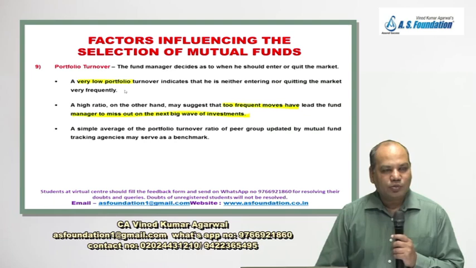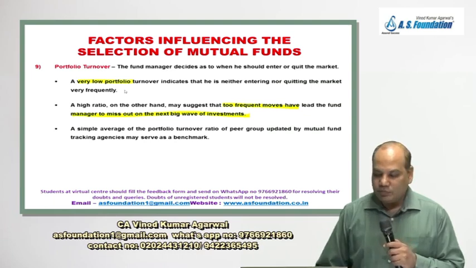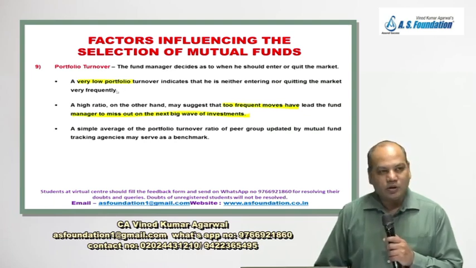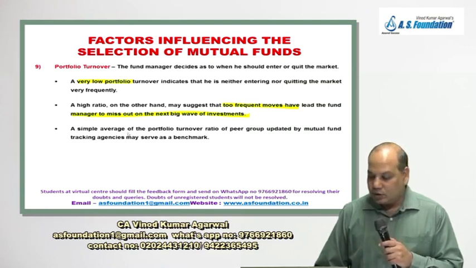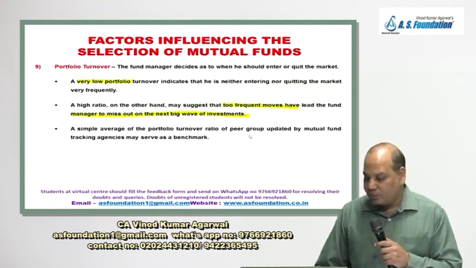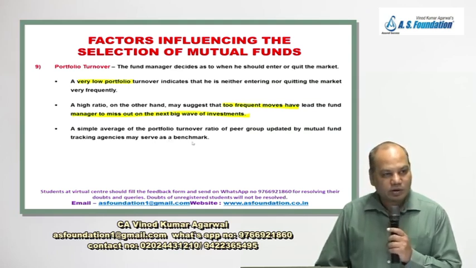If you look at the long term, over say 10 to 15 years, you will find a buy and hold policy has probably given you more return than the one who is churning the portfolio too often according to the market move. A simple average of the portfolio turnover ratio of the peer group, updated by the mutual fund tracking agencies, may serve as a benchmark.